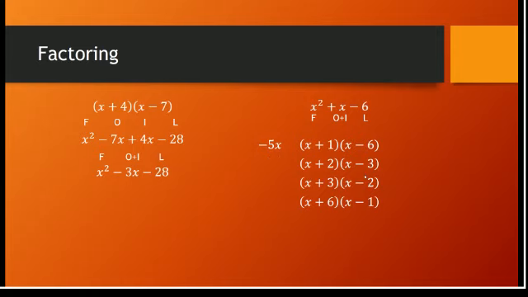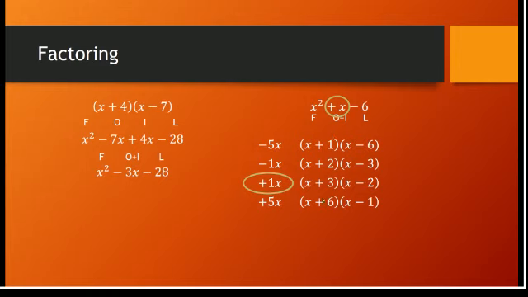If we do this one, that's negative 3x and positive 2x, which makes negative 1x. Here we've got negative 2x and positive 3x, which makes positive 1x. And then negative 1x and positive 6x makes positive 5x. Comparing that with the original trinomial lets me know that positive 1 is the correct outer and inner sum.